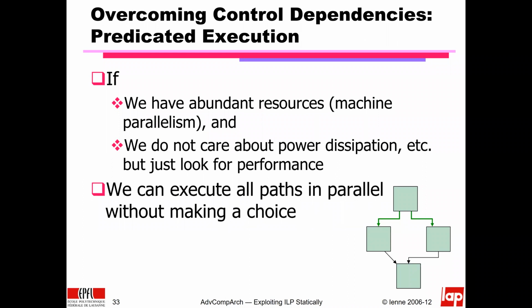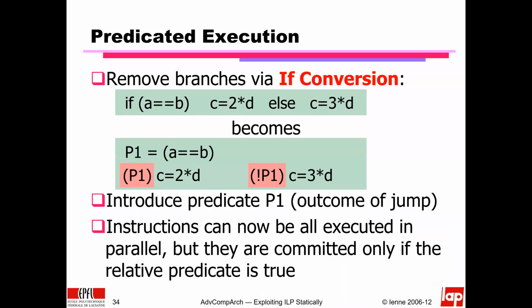One of the ideas that we can consider is not to execute just one of the paths when we have if-then-else kind of structures, but execute all the paths and rely on the decision at the end on which path was actually to be executed.